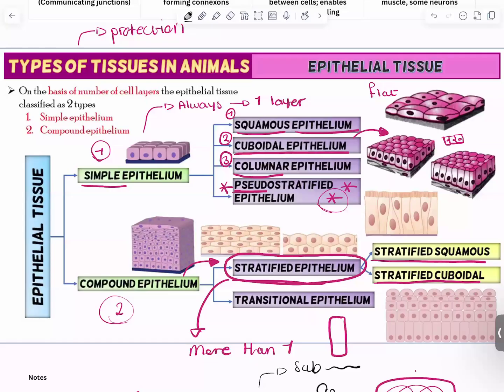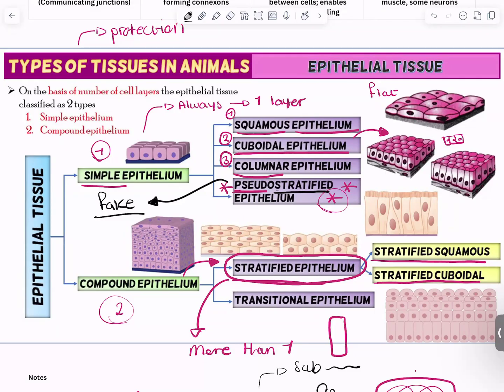But what is pseudo? Pseudo-stratified epithelial. Every time when you hear pseudo, remember that it's fake. It means fake. In a very, very simple way, we call it fake stratified epithelial tissue. It means that we think that it's a stratified epithelial tissue, but it's not.